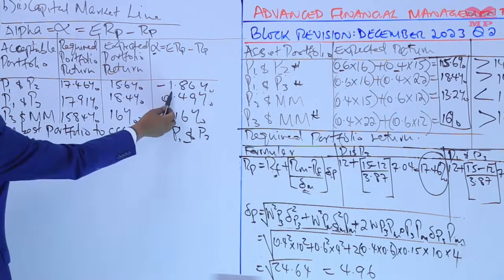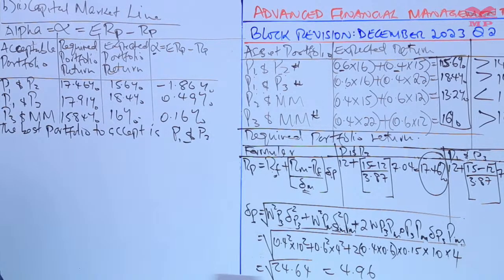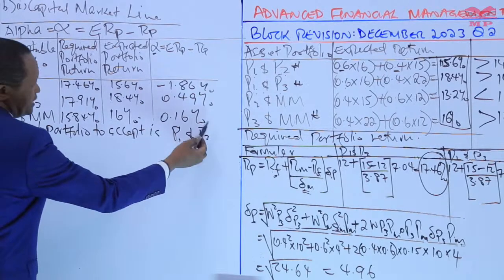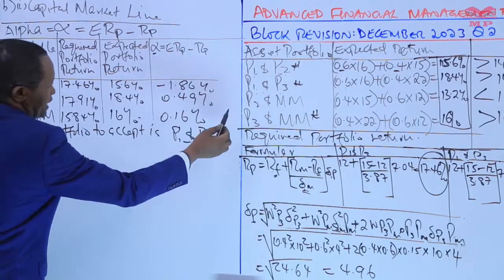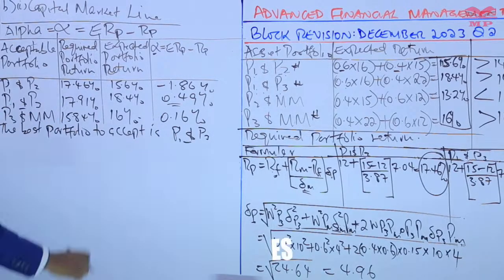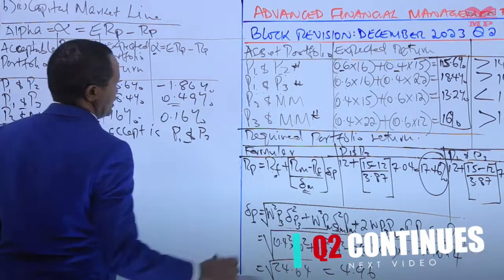This one is negative 1.86%. This is 0.16. This is 0.49. So this is the portfolio to accept.